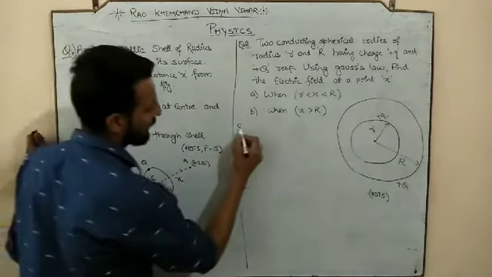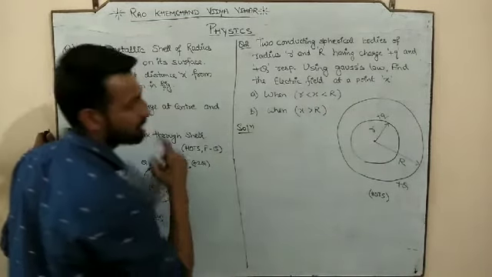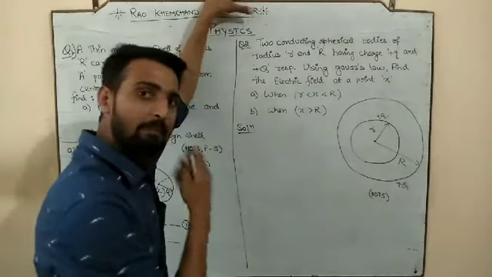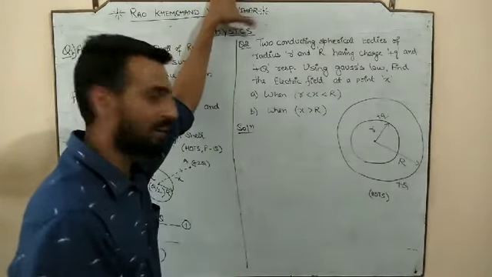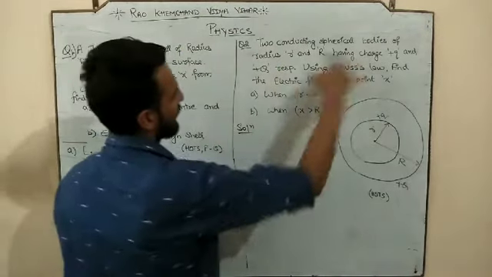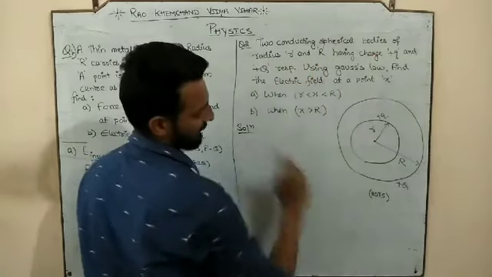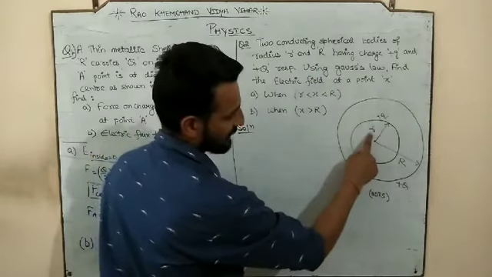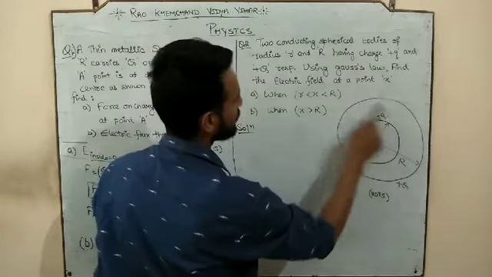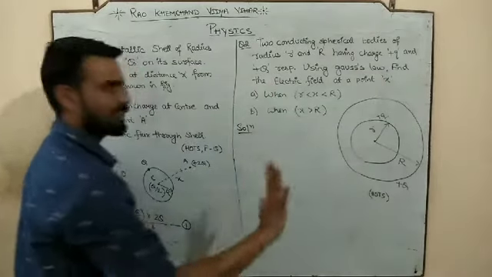Now let's come to the second one. This is also part of the Watt's numerical जो आपके parts हैं. So check this out. We have two conducting spherical bodies of radius small r and capital R, having charge plus small q and plus capital Q respectively.